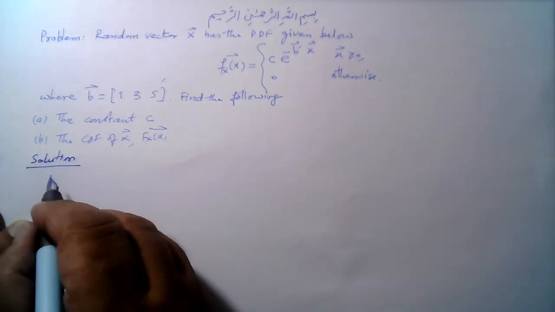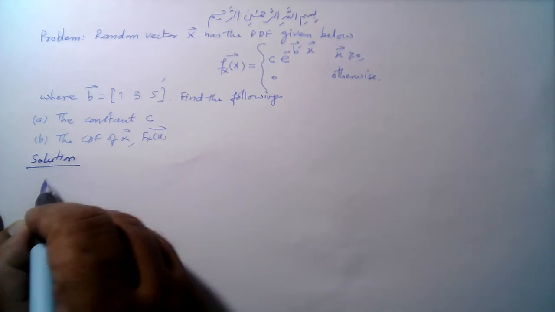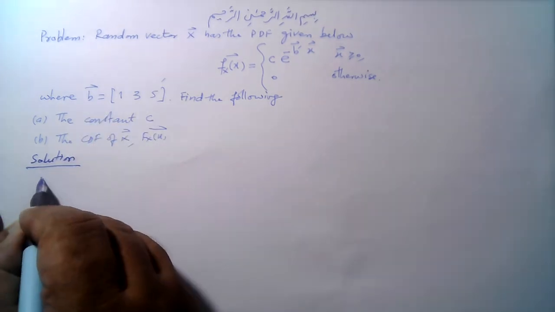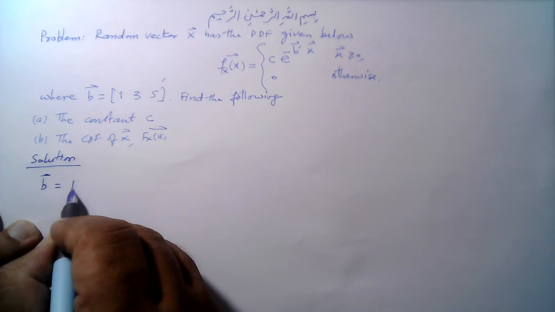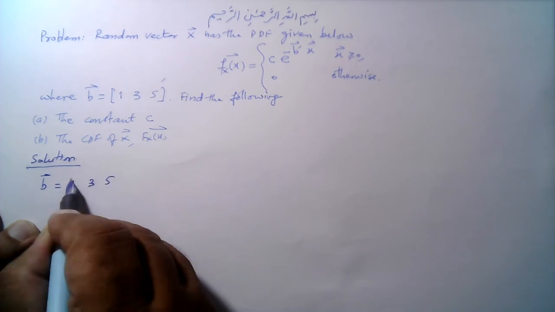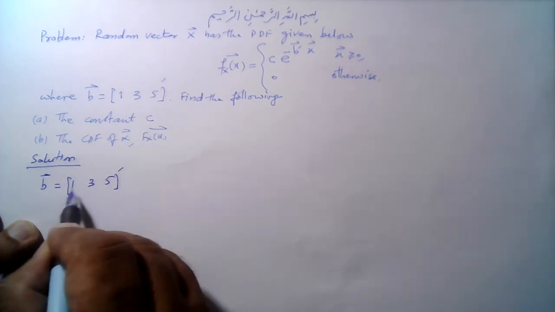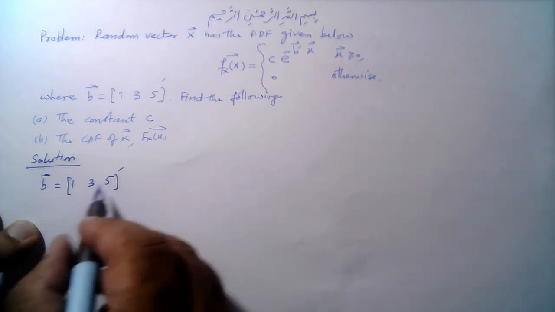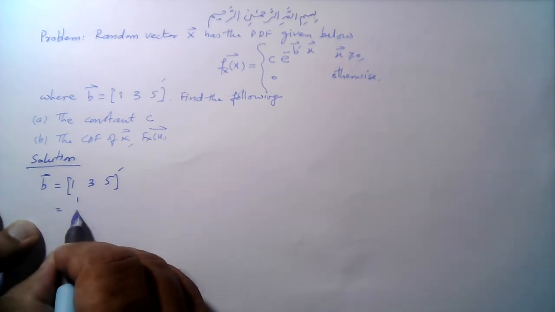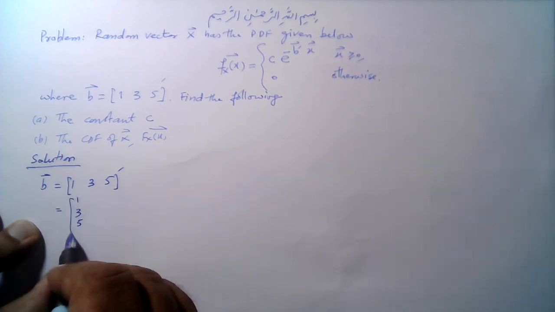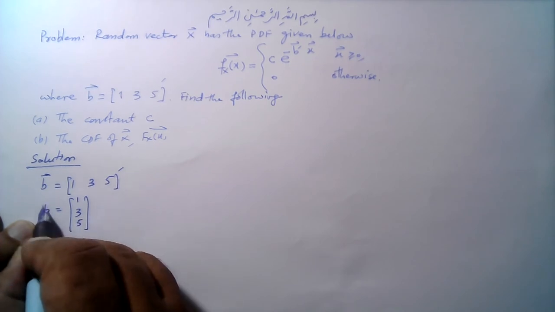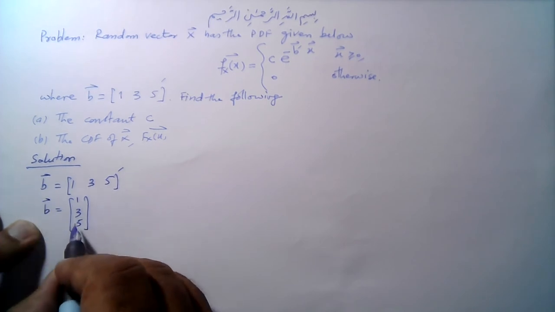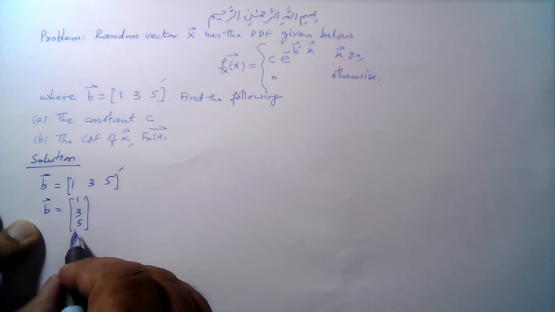So we're given that b is a vector which is equal to 1, 3, 5 and the transpose of this row vector here. So transpose of this row must be a column like this. So b bar is in fact this column vector with 3 elements, 1, 3 and 5.